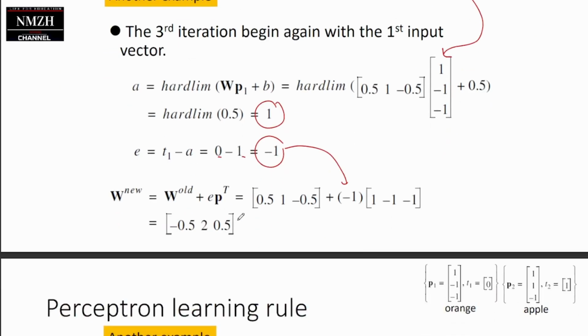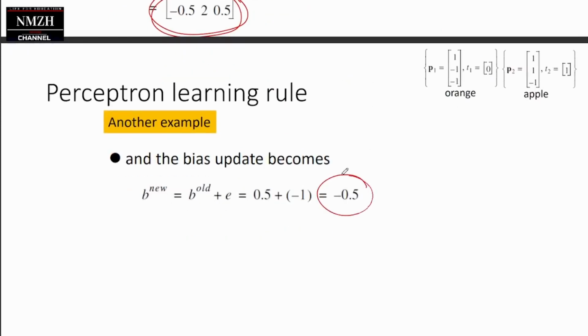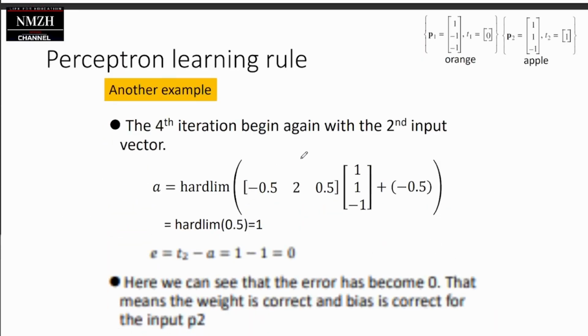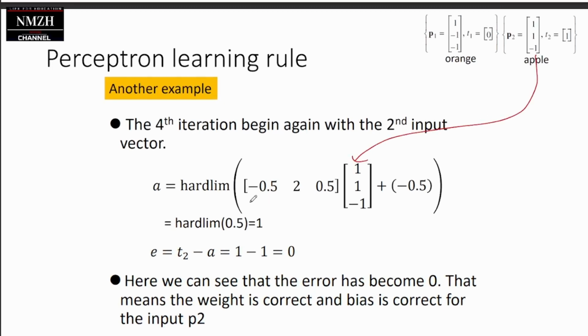We have a new weight and a new bias for the third iteration. Then we go again for the fourth iteration, again using the new weight and new bias, until the error becomes 0, guys. Then the iteration stops.